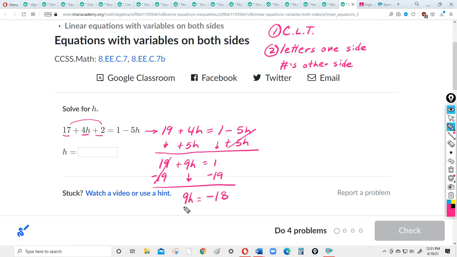The opposite of times 9 is dividing by 9. So on the left hand side, 9 over 9 cancels. And negative 18 over 9 is just negative 2. So h equals negative 2. And you just enter that number in the box. Negative 2.